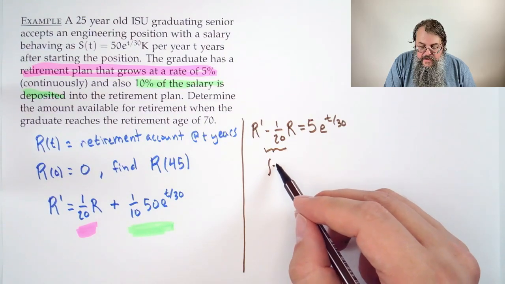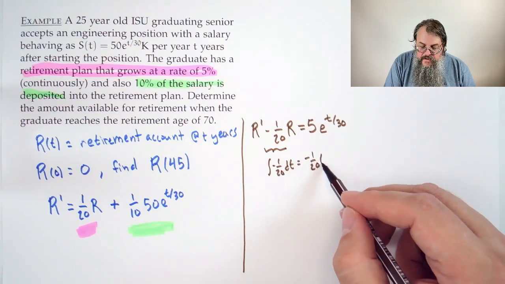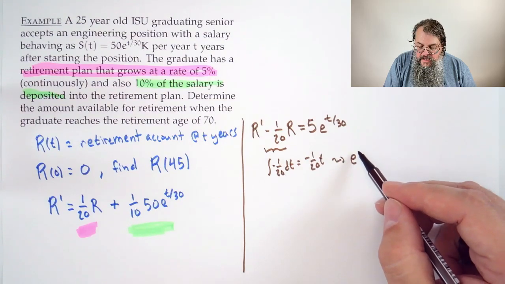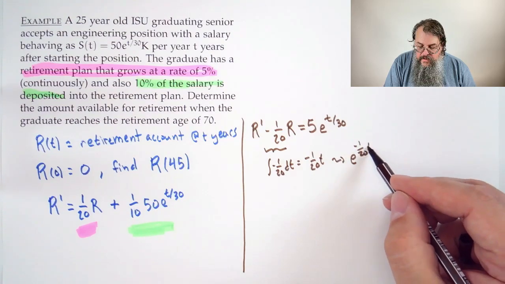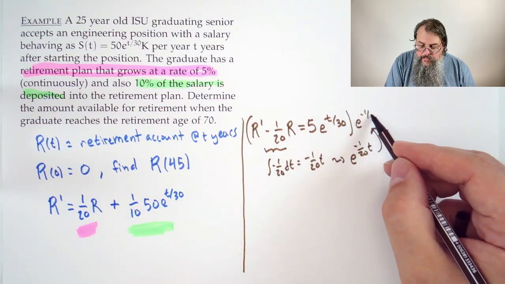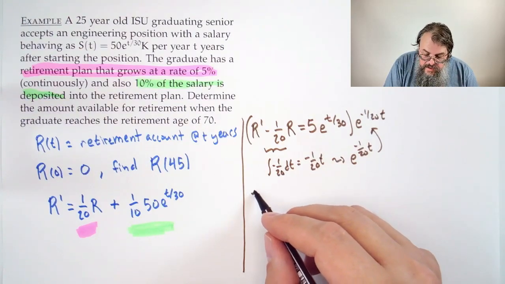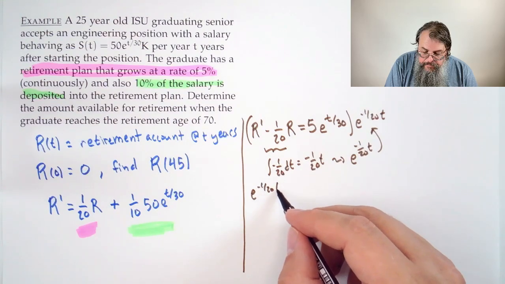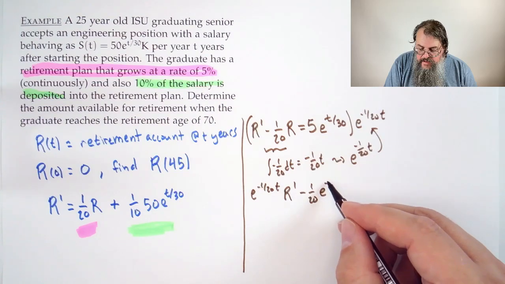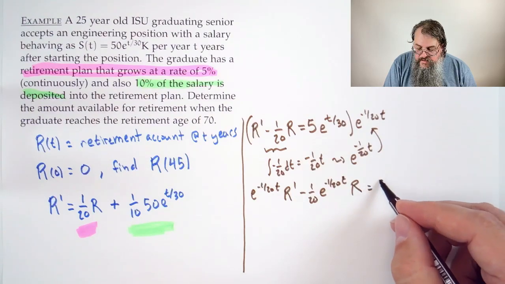We integrate that, and we say, well, that's minus 1/20 t. So our integrating factor is going to be e to the minus 1/20 t. And that's what we multiply on both sides. So updating, we have e to the minus 1/20 t times r prime minus 1/20 e to the minus 1/20 t times r is equal to 5.